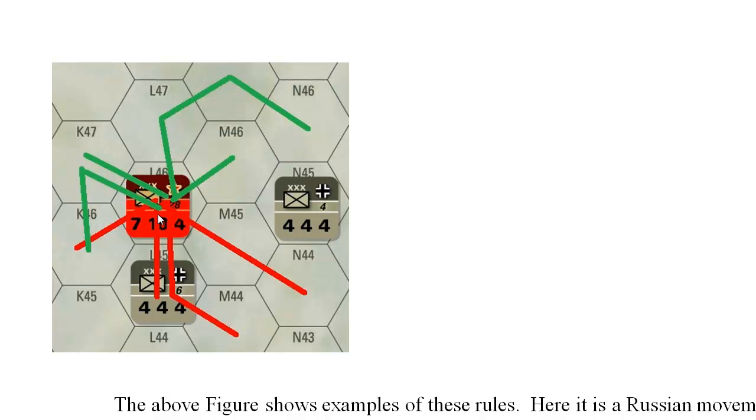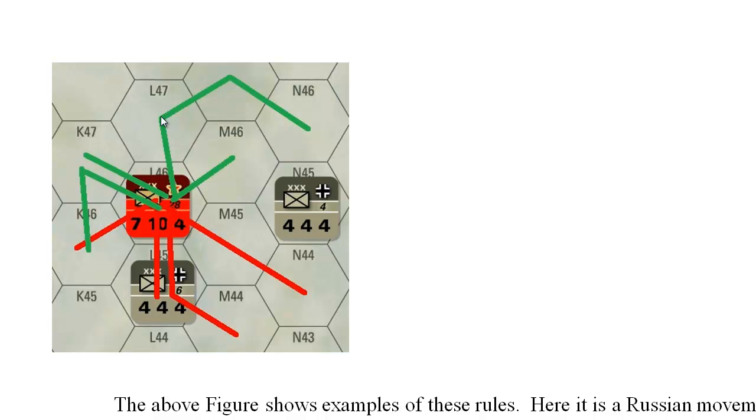The Russian unit here, though, does have several legal moves. It could start here, and it could move to this square. That's moving out of a zone of control into a square not in a zone of control. That's perfectly allowed. It could also move out from here to here. That's also moving out of the zone of control of all of the German units.